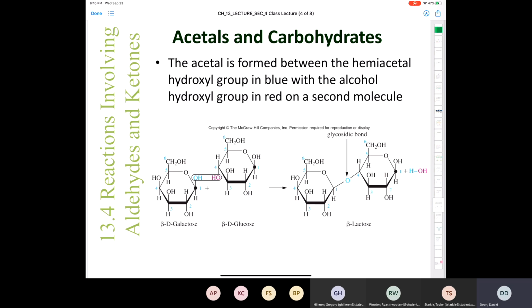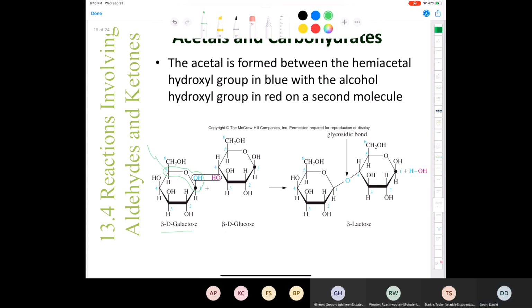Anyhow, if you take a molecule of beta D-galactose and beta D-glucose, you have a hemiacetal, right? I'm going to circle that right here. This is a hemiacetal, and this is an alcohol.